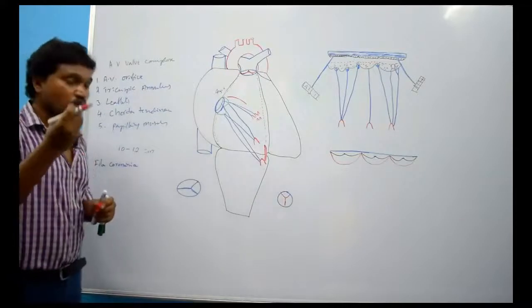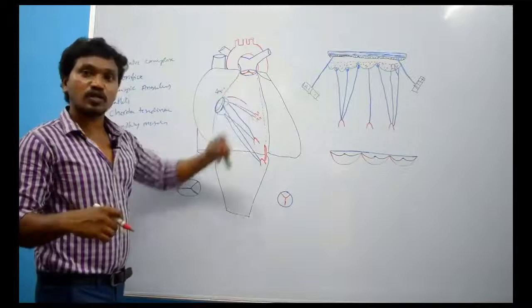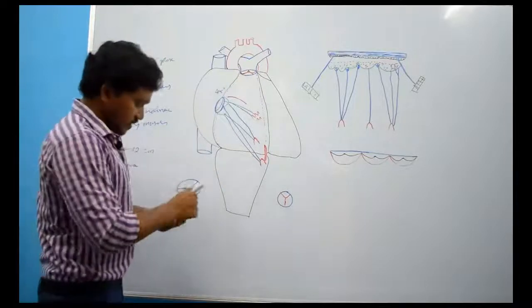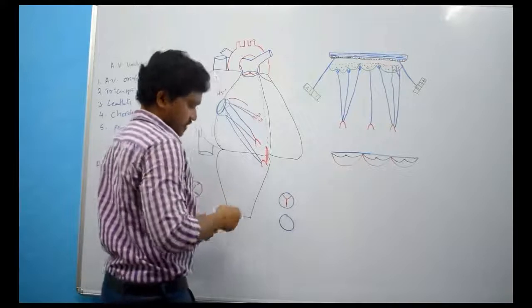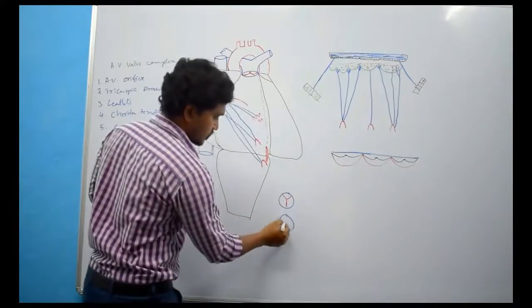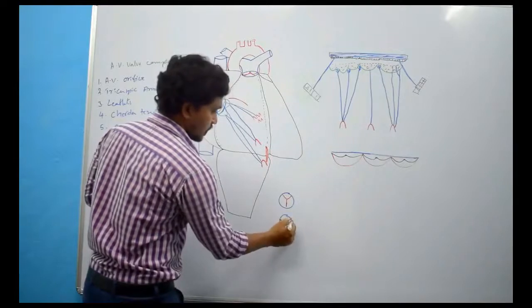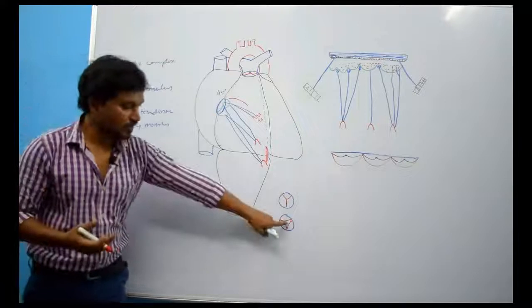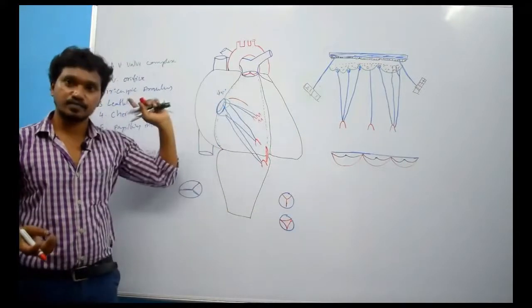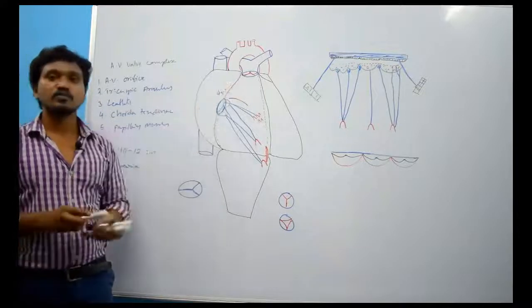When they open, that means during systole, at that time it is triangular in appearance. So this opening will be triangular during systole. Through this opening, blood will be ejected. Clear? So that is about the structure of the semilunar valve.